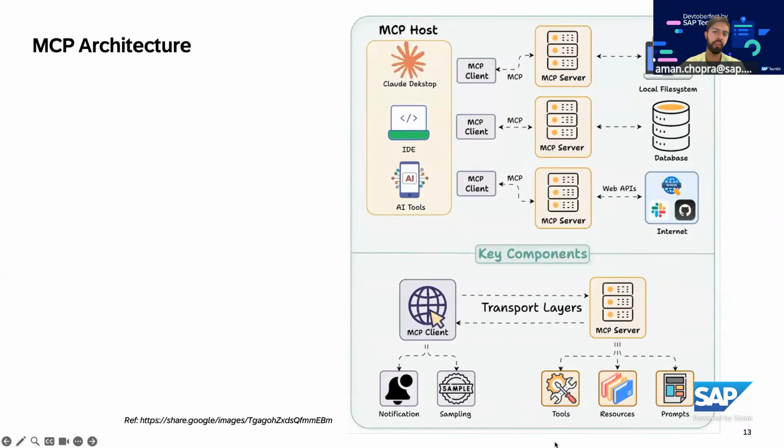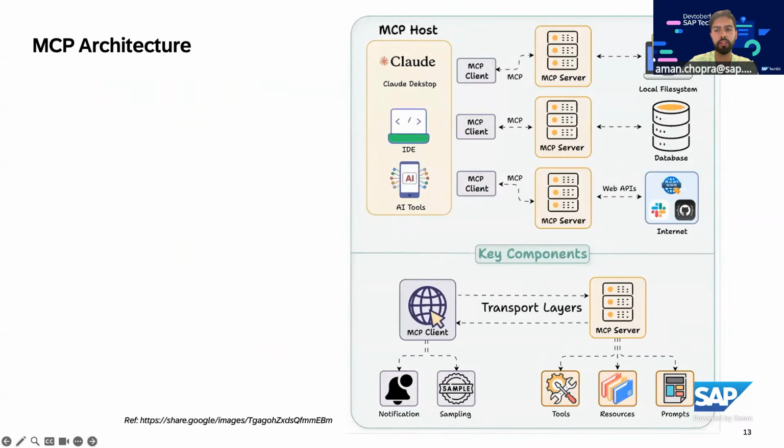All right, so diving deeper into the architecture itself of MCP. MCP is going to have this client-server architecture, and it consists of a client, which is going to sit in this host application. And this client is really going to serve as the coordinator or the orchestrator.